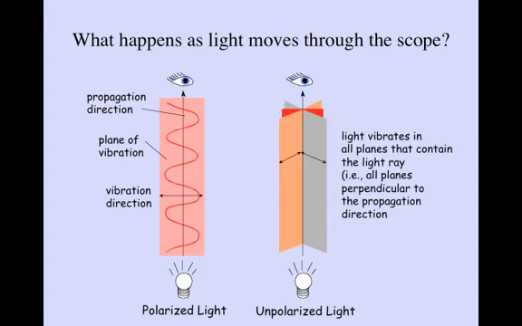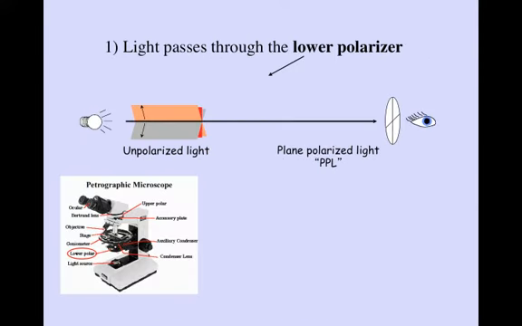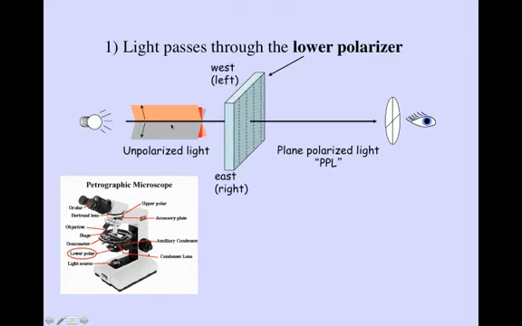In unpolarized light, if there wasn't that lower polarizer there, you'd have light that was traveling in many different directions, many different planes, toward your eye. So, again, looking at the light source, at first it's emitting unpolarized light, but in the microscope we have a lower polarizer that filters those wavelengths of light and gives you only a single plane of light that actually could reach your eye.